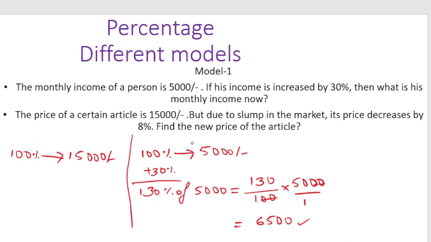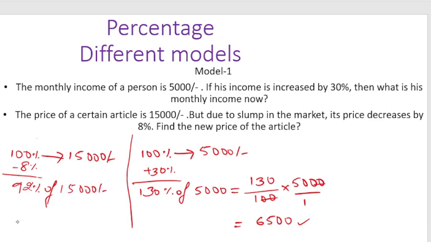Then due to the slump in the market, its price decreases by 8 percentage. Then overall you will get 92 percentage of the original price 15,000.